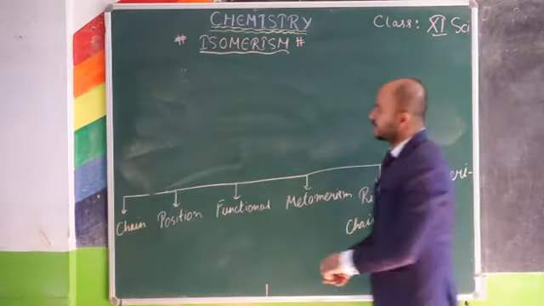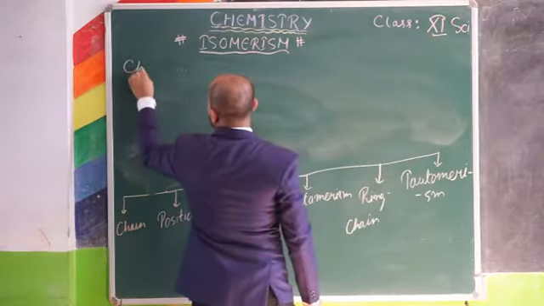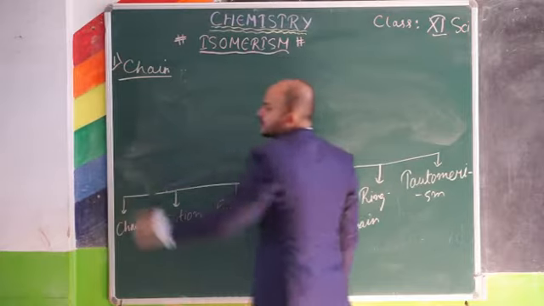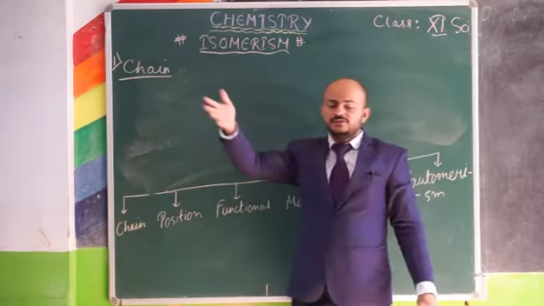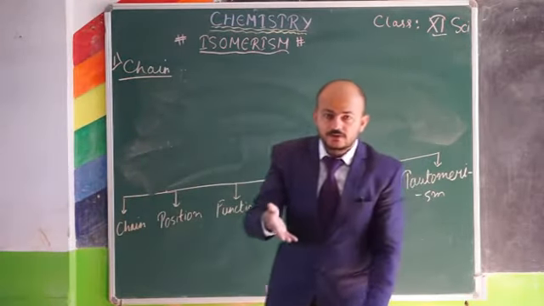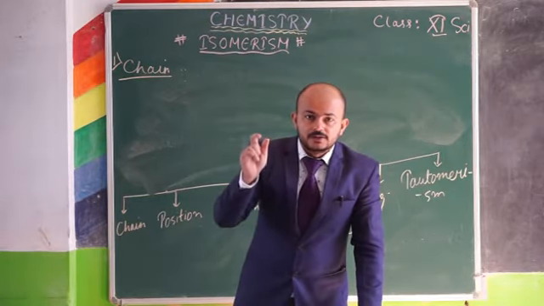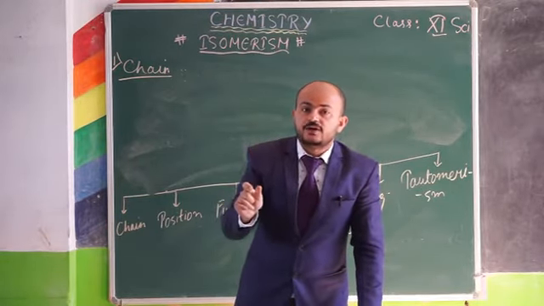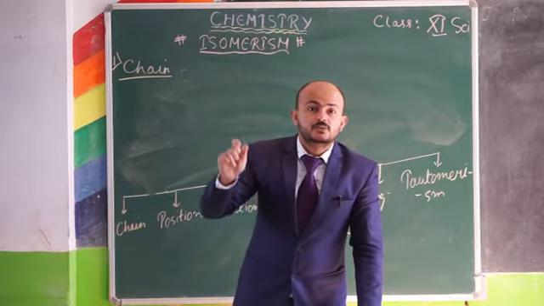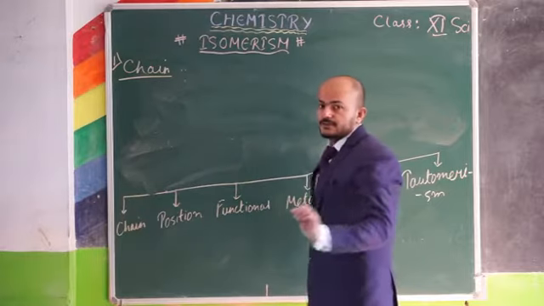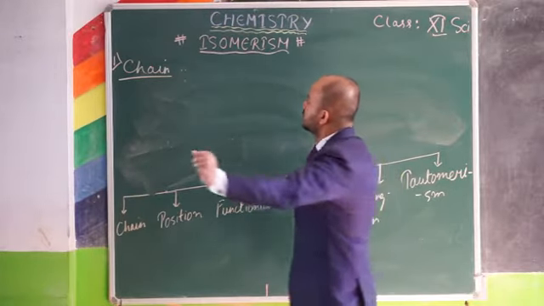Chain isomerism means you have the same molecular formula, but different structures which vary in the chain length. For example, if I give you an example, it will be clear.